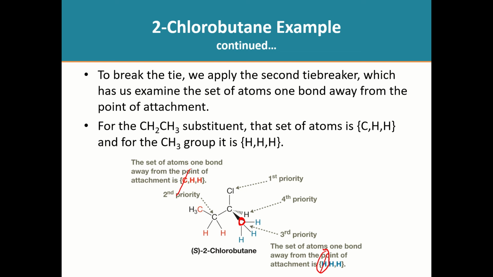A hydrogen or a carbon? Clearly, carbon is larger than the hydrogen, so that breaks the tie. And this carbon right here, because that breaks the tie, is going to get the second priority. And that's how you break tiebreakers. You see what's attached to it.